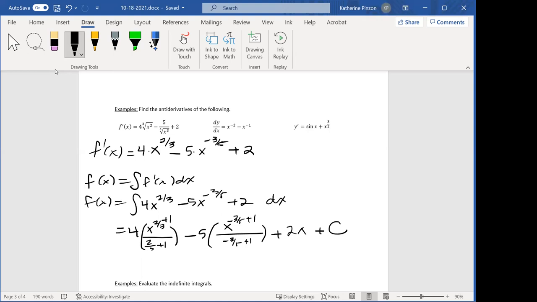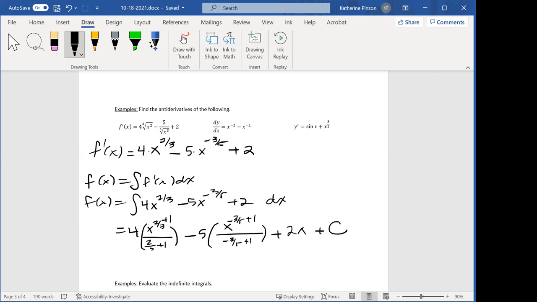Okay, eventually you're going to do these enough that you're going to see the simplifying that happens. We don't leave it like this, right? We should do the 2/3 plus 1, and then the 2/3 plus 1. But dividing by a fraction is the same as doing what? Multiplying by the reciprocal, right? So if I'm dividing by 2/3 plus 1, which is 5/3, it's the same as multiplying by 3/5.